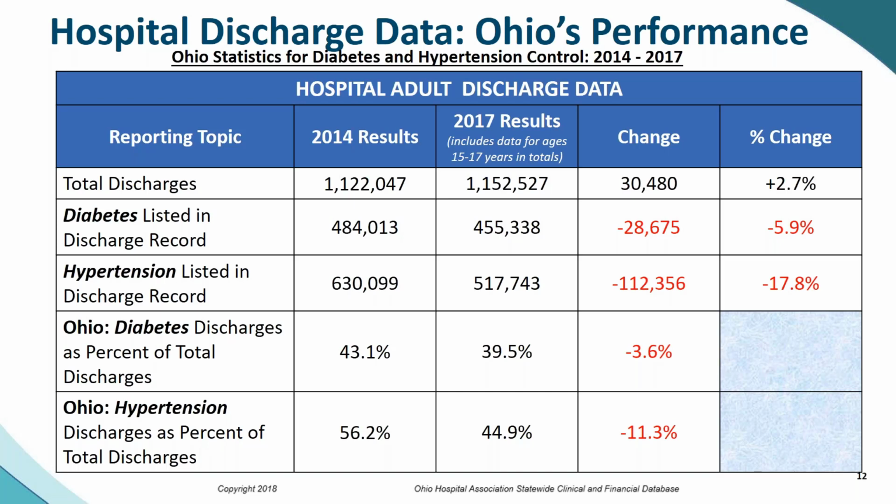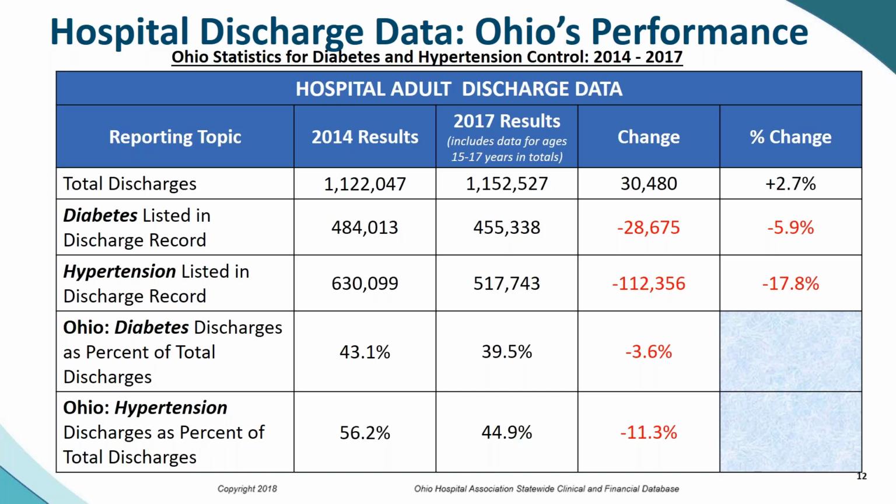For starters, the total discharges in the state during the grant period for the adult population went up very slightly, by 30,000 discharges, an increase of less than 3% during that 4-year period.